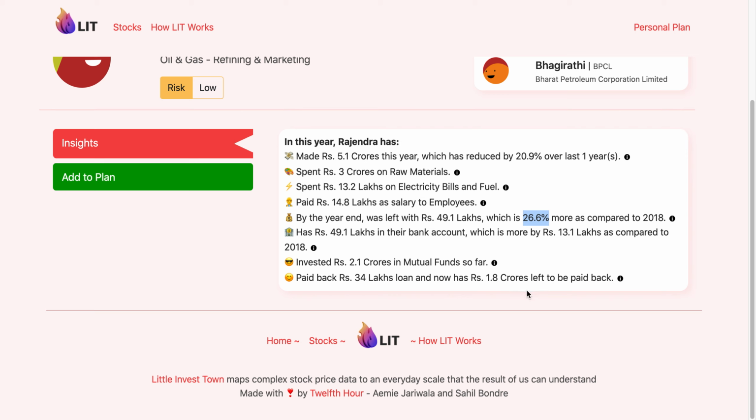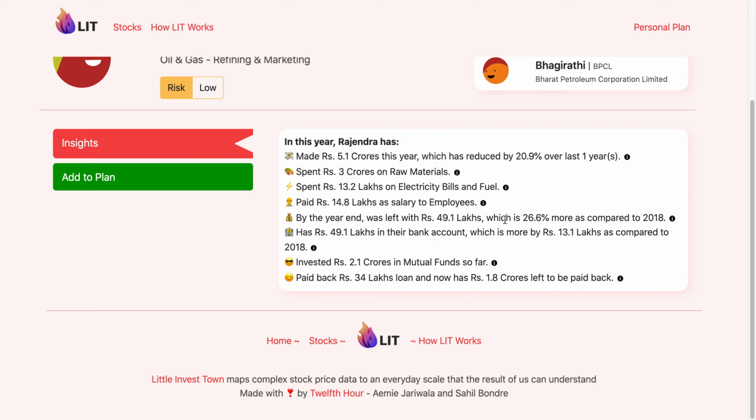He has also paid off the loan, pays his electricity bills and fuels, and leaves everything in check. So from this insight, Rajendra is a trustworthy candidate and is booming in profit, so we can invest our time in Rajendra.